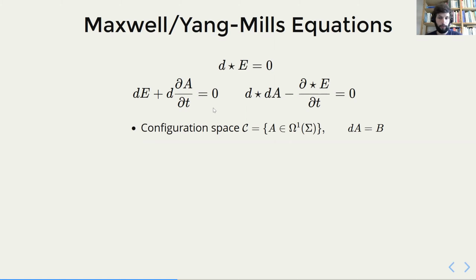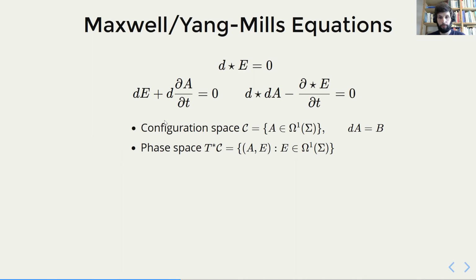And there's a nice symplectic interpretation of the Maxwell equations, or if you want, the non-abelian version would be the Yang-Mills equations. And the story goes as follows. Namely, you consider the phase space, which is just the cotangent bundle of the configuration space. And because everything is vector spaces here, this is nothing else than the space of pairs, essentially, where one of them is a connection or 1 form, and the other thing is the E, which is also a 1 form.